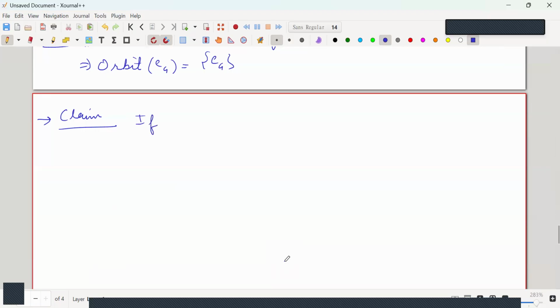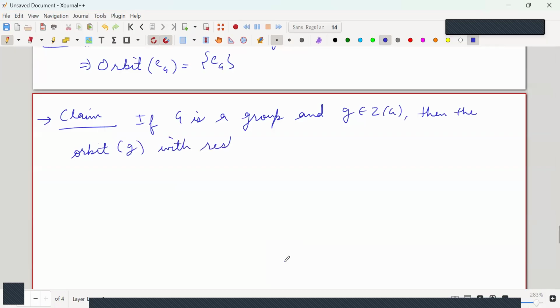If G is a group, and small g belongs to the center of G, then the orbit of g with respect to the conjugation action, or even I can remove this part.